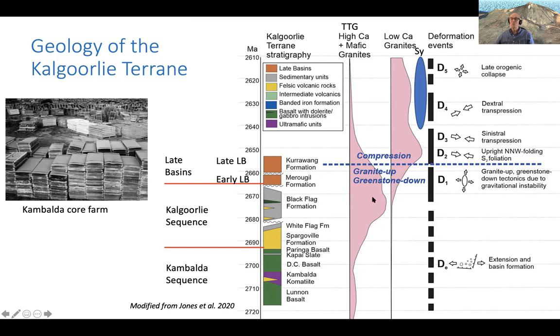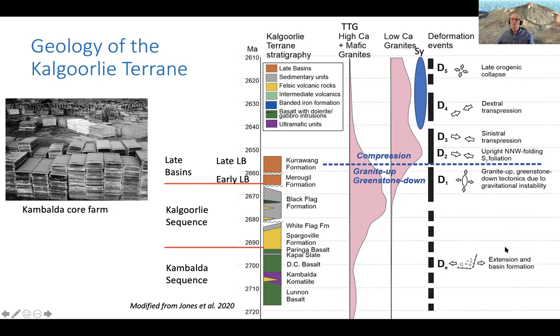In the middle, we show the timing here of the emplacement of the major granitoid pluton suites, including the TTG and high-calcium mafic granitoids, which were emplaced during Kalgoorlie sequence and late basin time, the low-calcium or more potassic granitoids, which were emplaced during late basin and beyond time, as well as the late syenites, which are important to gold mineralization.